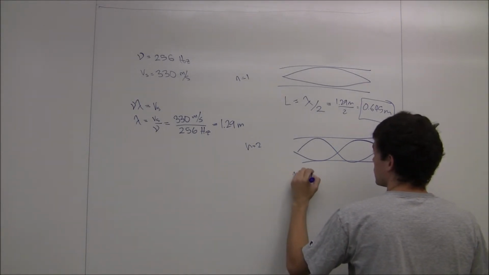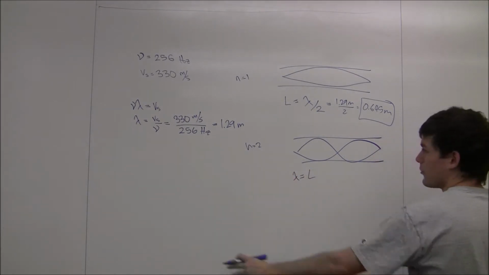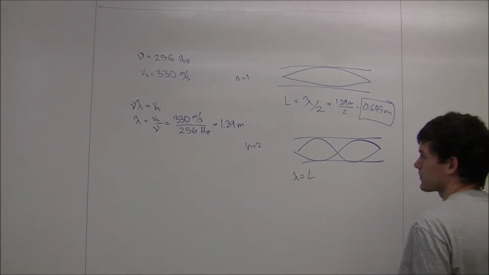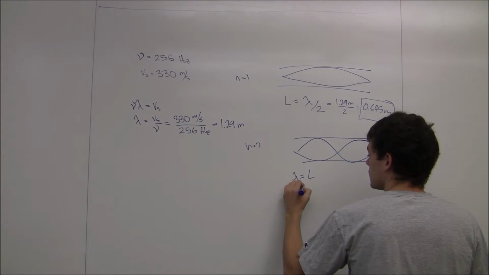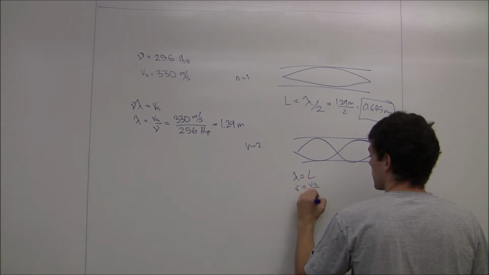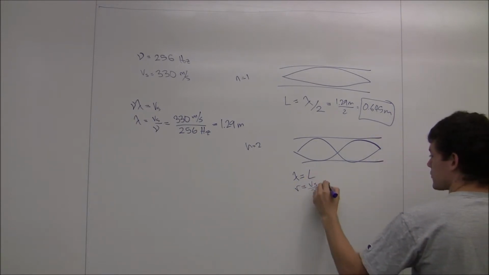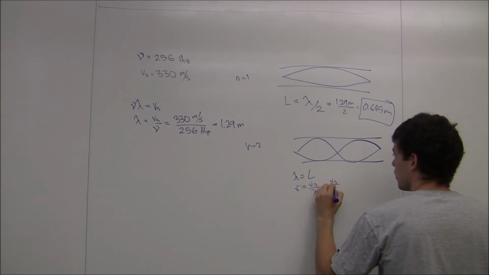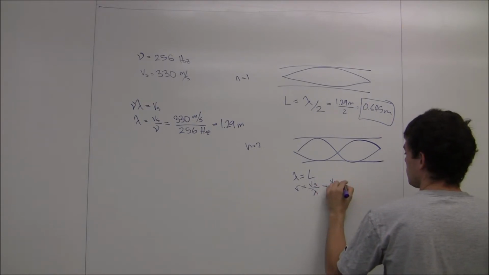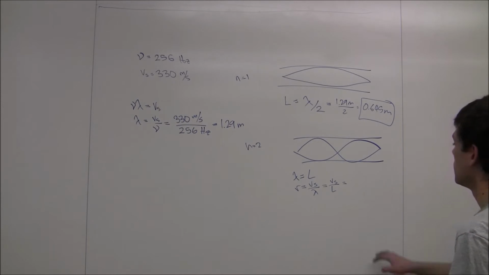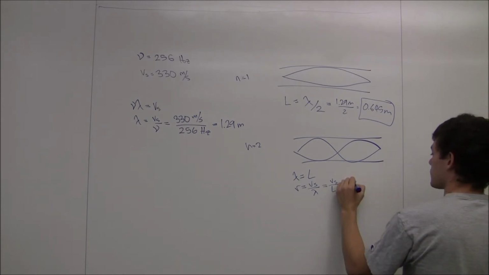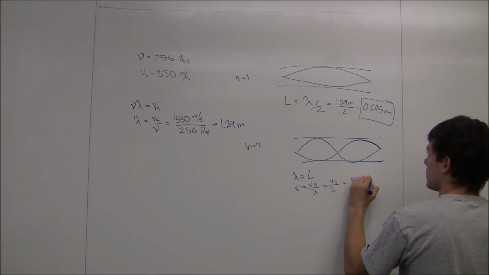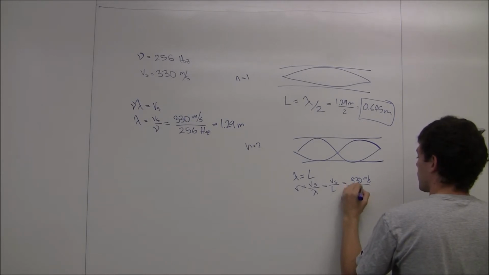This tells us that lambda is equal to L, and we can go back over to this equation, and we find that nu is equal to v sub s over lambda. We know that lambda is L, so v sub s over L is equal to 330 meters per second divided by 0.645 meters.